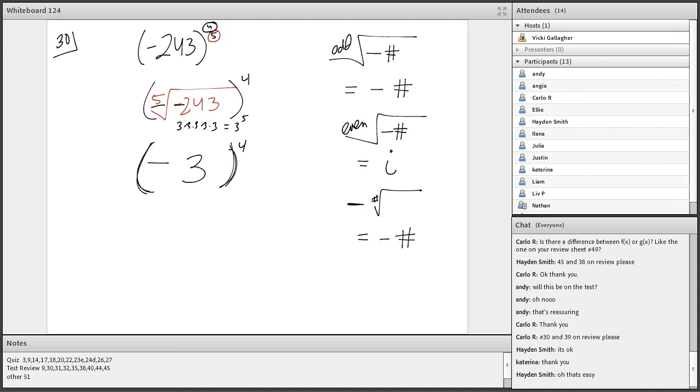If you don't, you're going to get the wrong sign for your answer. Remember that negative 3 to the 4th is negative 3 times negative 3 times negative 3 times negative 3, and all of those negatives cancel, giving us a positive 81. The answer to number 30 is positive 81.